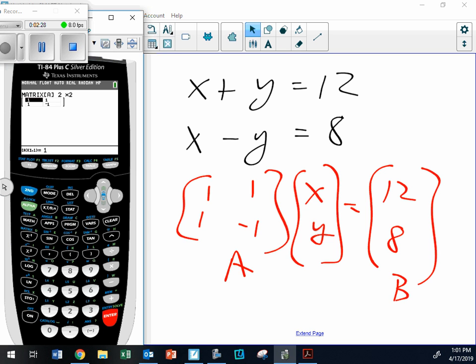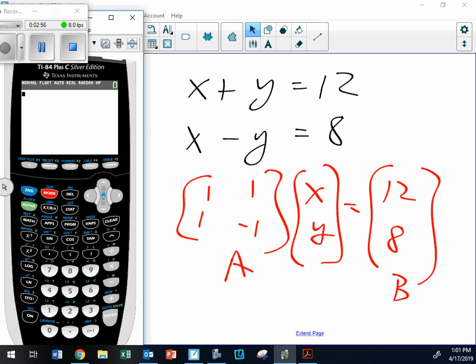And then I'm going to go edit my B matrix. I go into matrix, I go over to edit, then I go down to B, and I hit enter. And it's a 2 by 1, not a 3 by 1. And it is 12 and 8. All right, and then I hit quit. I've got my matrices all entered, my 2 matrices. Okay, now what?